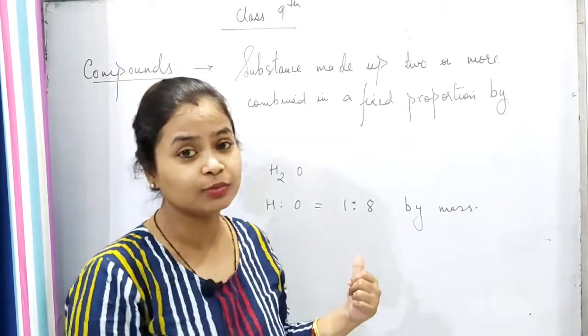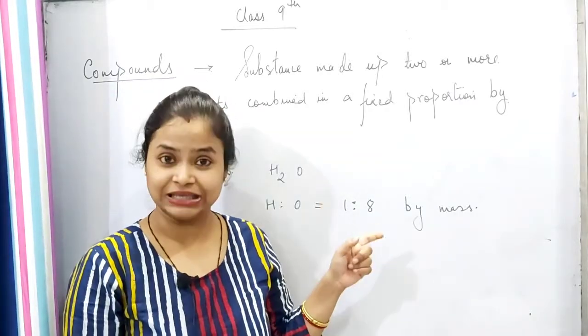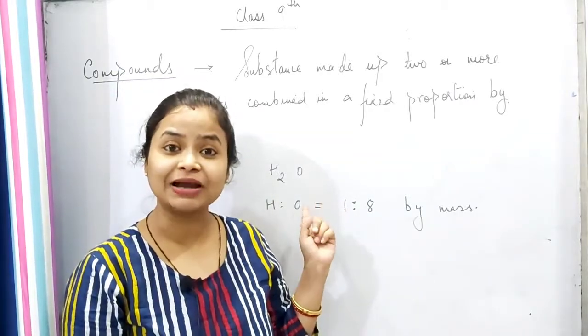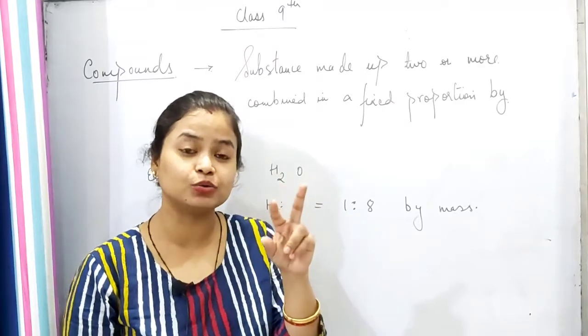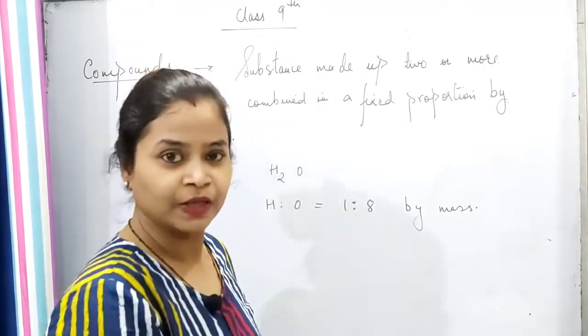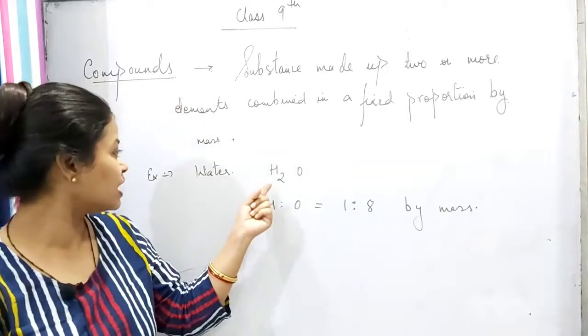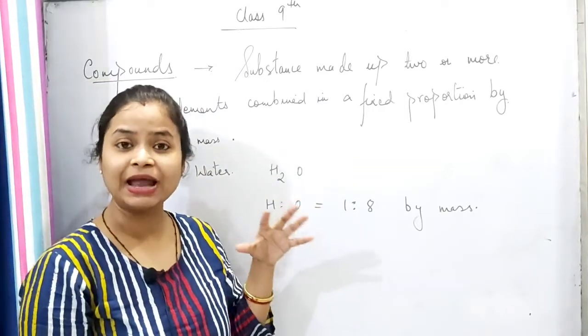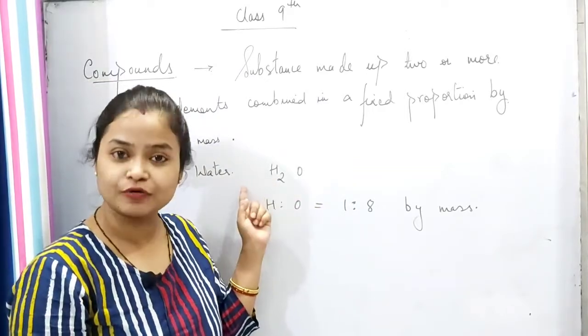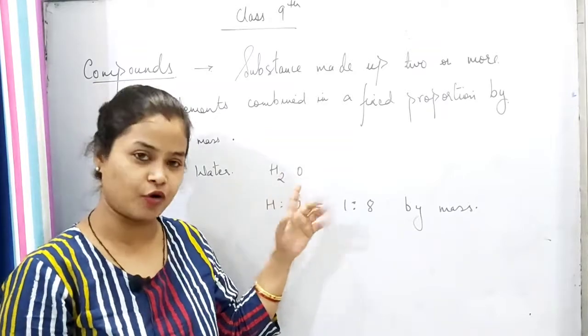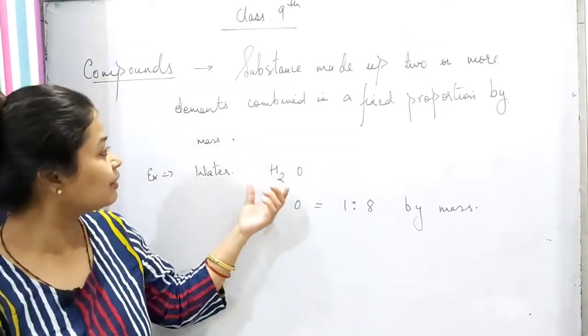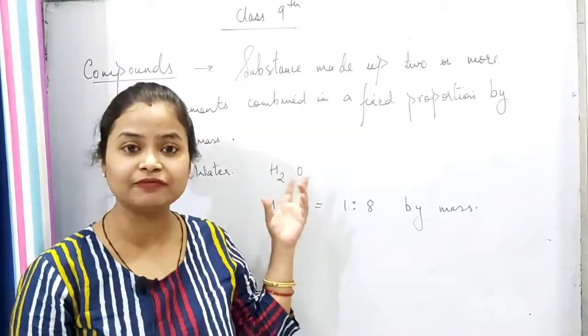So the total number of atoms is 3, but the total number of elements is 2. The elements are only hydrogen and oxygen, and the atoms are 2 atoms of hydrogen and 1 atom of oxygen. So they are combining in a fixed proportion.